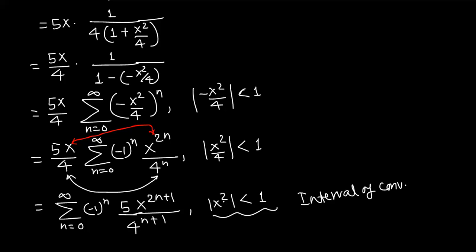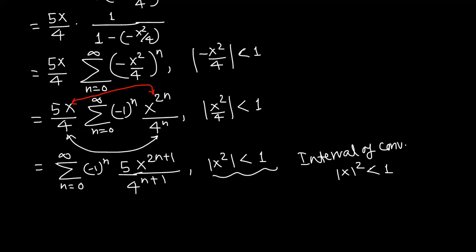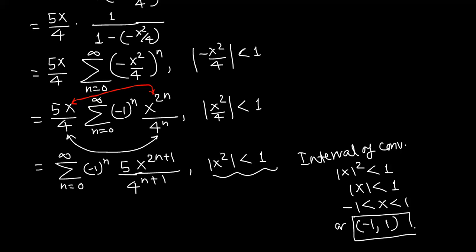Take the square root of both sides. So x squared less than 4 means the absolute value of x is less than 2, which is the same as negative 2 less than x less than 2. So x is in between negative 2 and 2. The interval of convergence is negative 2 to 2.